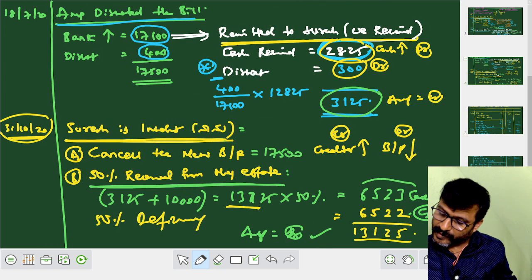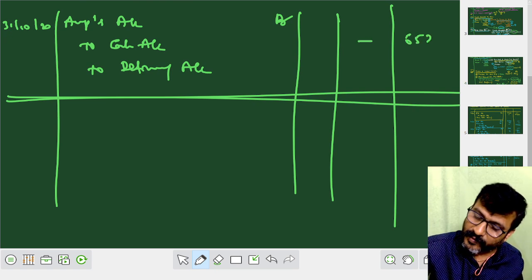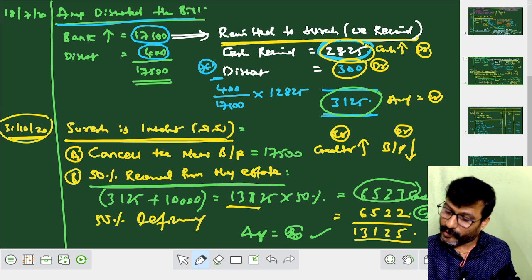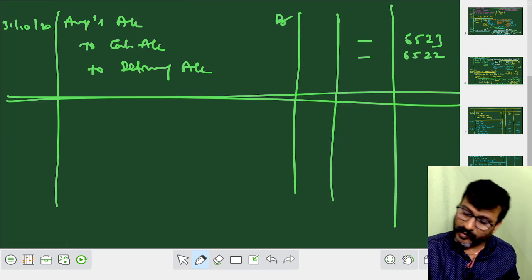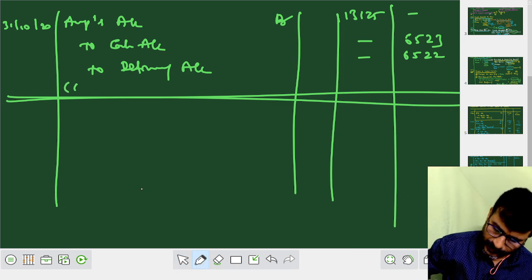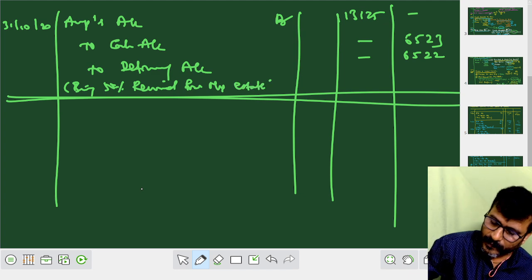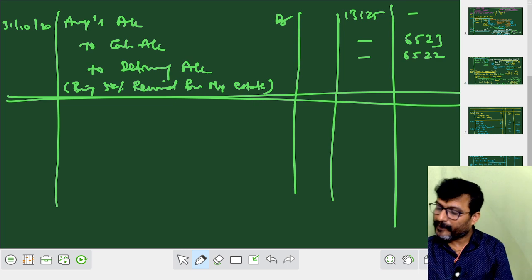Recovered is 6523, 6523, 6522. Put together the total is how much? 13,125. Being 50% recovered from my estate. Okay. बाद में क्या करना? What do we have to do?